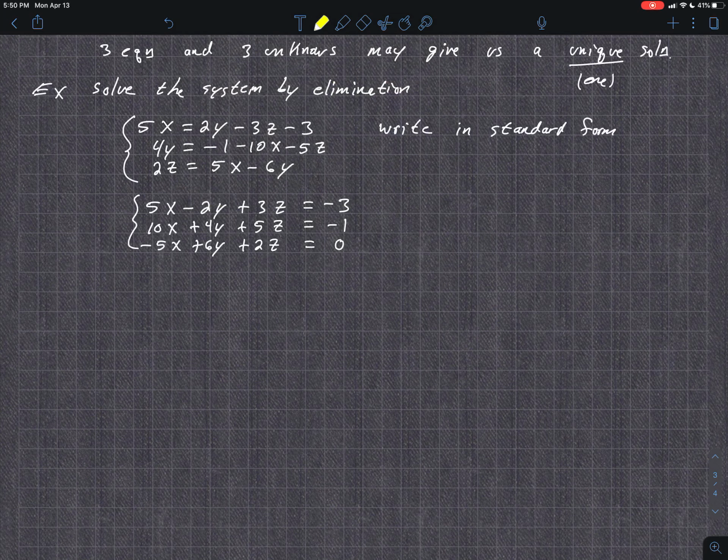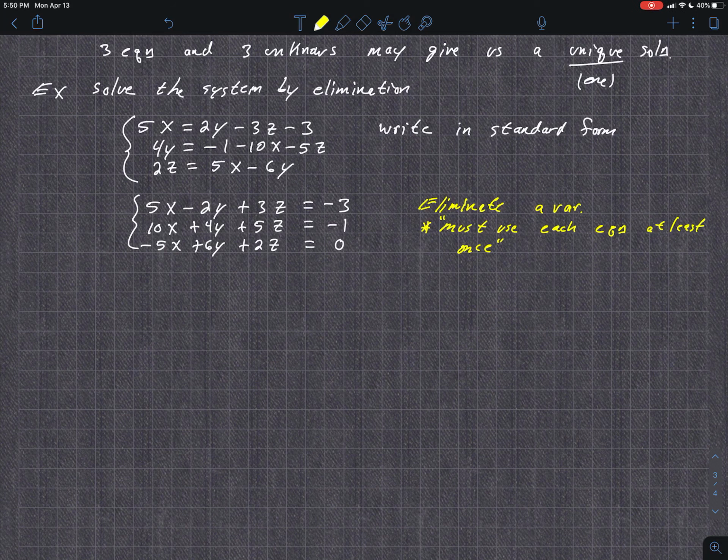Okay, so one of the key concepts when you're eliminating a variable is you must use each equation at least once. So that's kind of your concept.